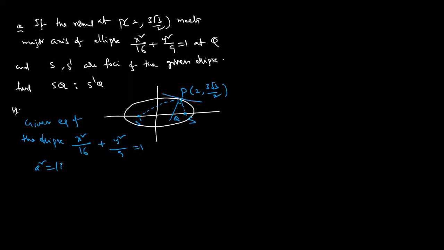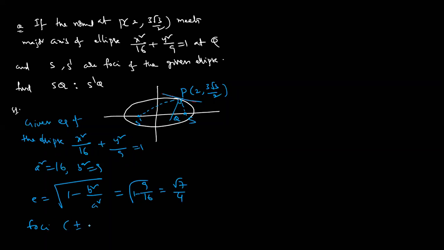So a square is 16, b square is 9. What is the eccentricity here? 1 minus b square by a square, because a is greater than b. Root 7 by 4 is coming. So the foci are plus or minus root 7 comma 0, that is S is root 7 comma 0 and S dash is minus root 7 comma 0.